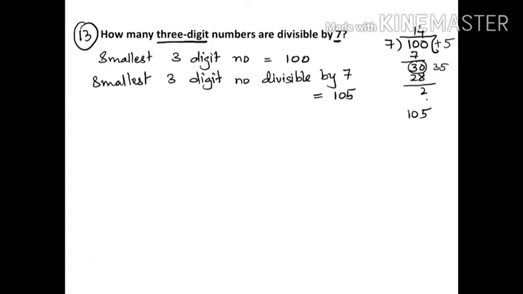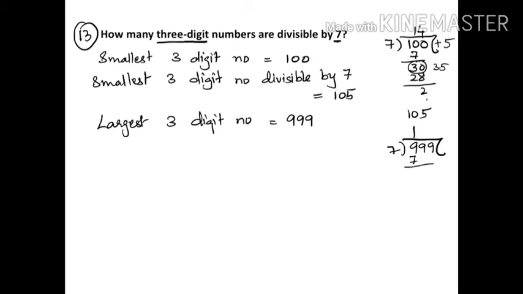Now we need to find out the largest 3-digit number that is divisible by 7. But what is the largest 3-digit number? 999. Let's divide 999 by 7. We get remainder 5.